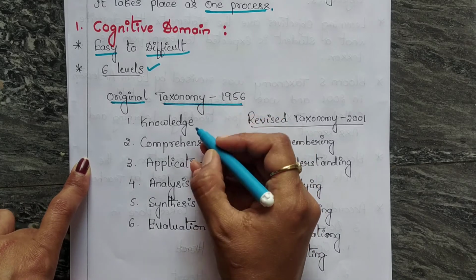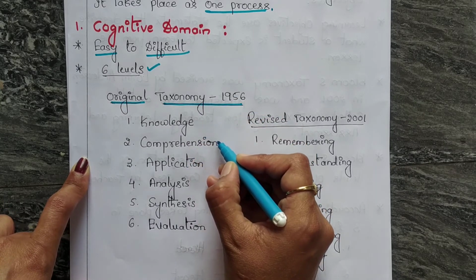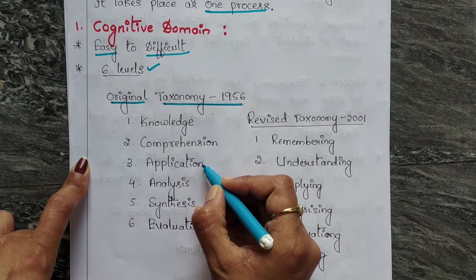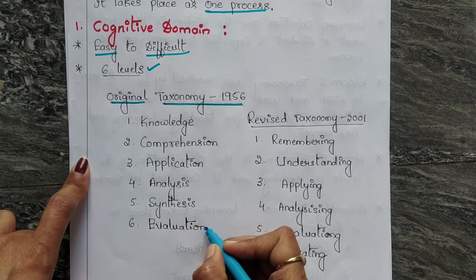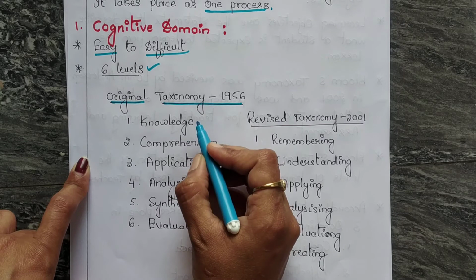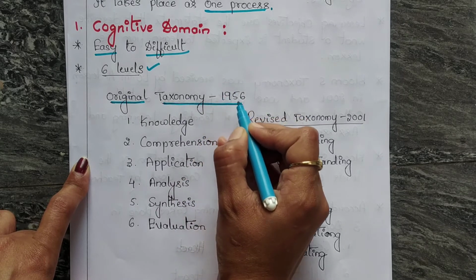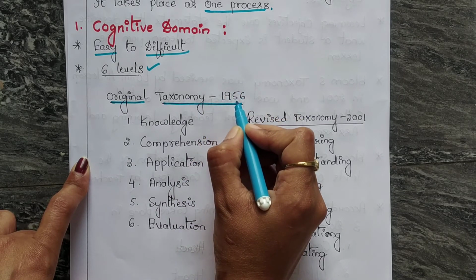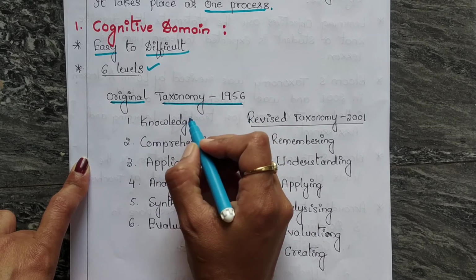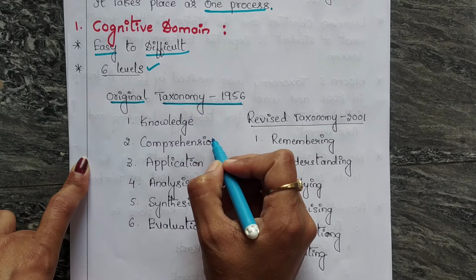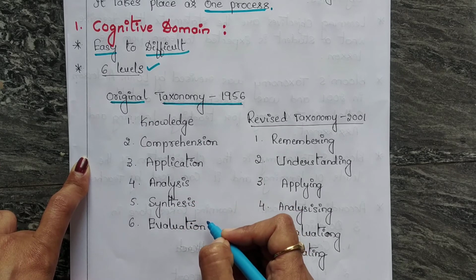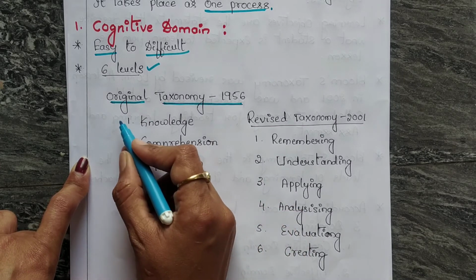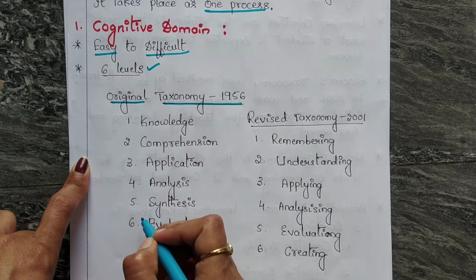It consists of knowledge, comprehension, application, analysis, synthesis, and evaluation. I will repeat again: knowledge, comprehension, application, analysis, synthesis, evaluation, from lowest to the highest.